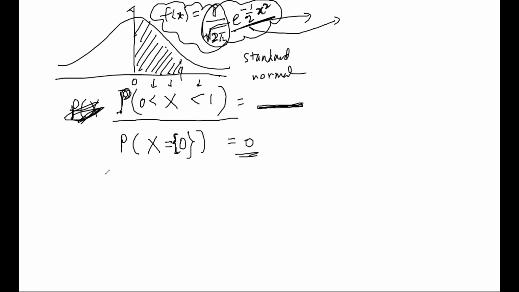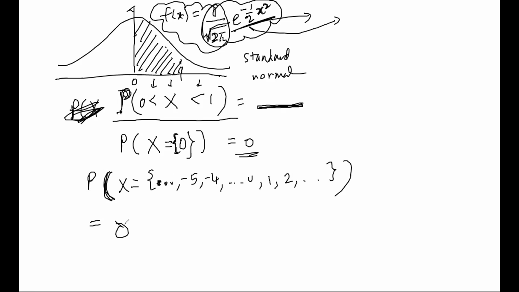The probability of points. In fact, if you have a countable set, even if you have an infinitely large set, just maybe some values, let's say the set of integers, right? Positive and negative integers. This is an infinitely large set, isn't it? But the probability is still 0 because this set is countable.